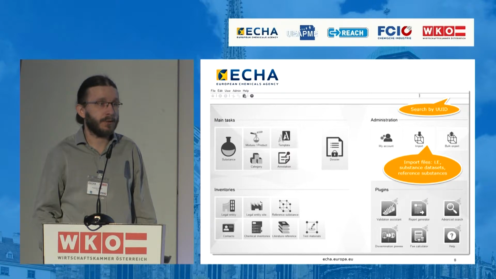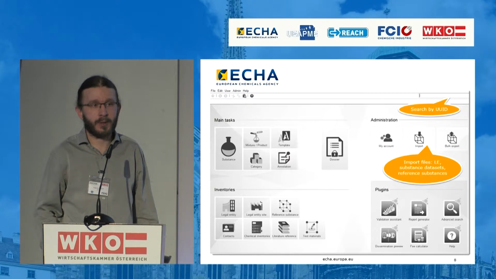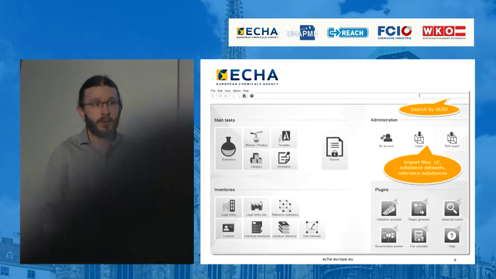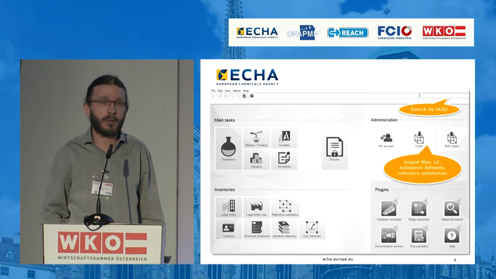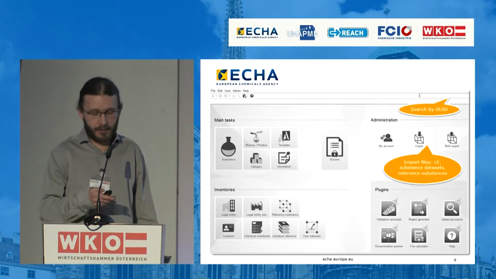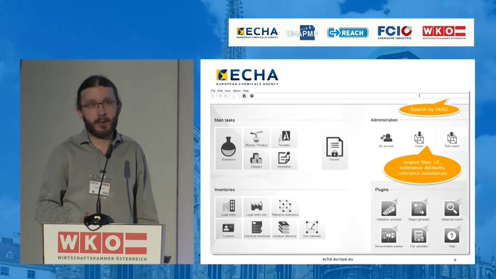So I will show you later on in the demo how this can be used. It can be useful when you refer to a specific element to use this unique identifier and search for it using this box in the right top corner in order to access directly to a specific document.